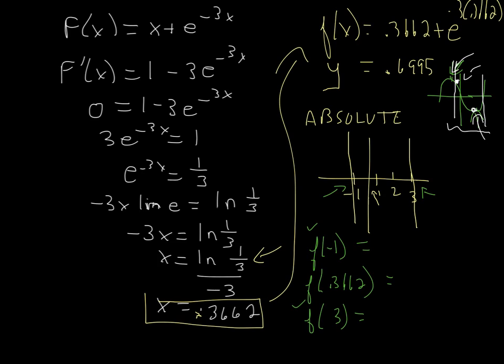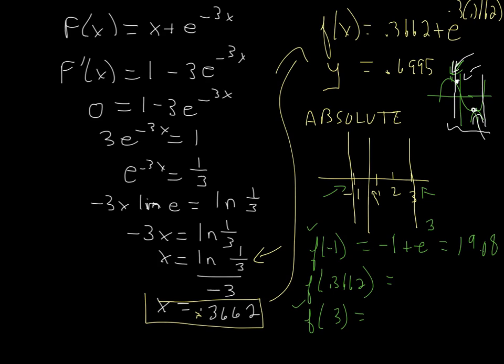That's when I say that's my absolute maximum, that's my absolute minimum in that interval. And so if x equals minus 1, I would get minus 1 plus e to the 3. And I would work that out as an actual decimal value so that I can compare it to the others. And so I'll just do that on my calculator while I'm talking to you here. And I think we're going to get 19.08, okay?